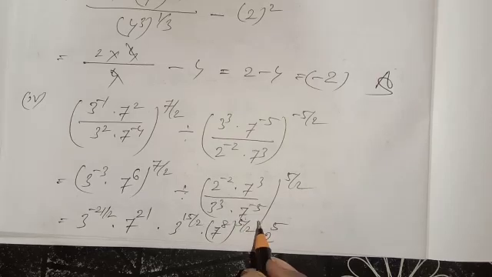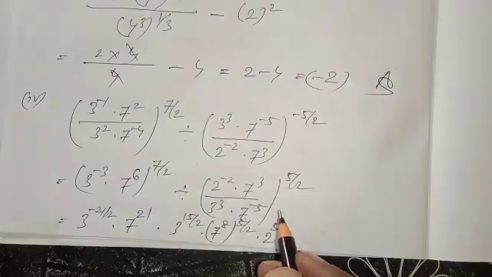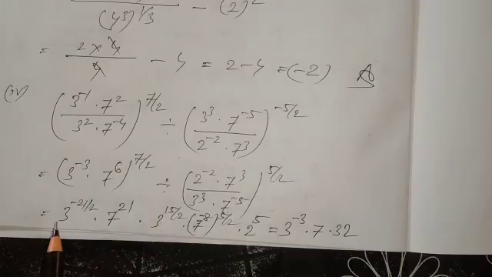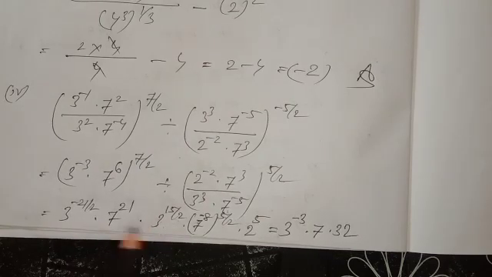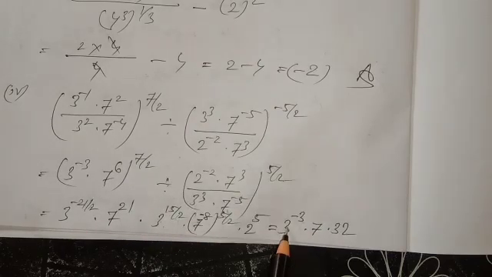First one, the power given is negative. Just see, here 3 to the power minus 21 by 2 and here 3 to the power 15 by 2. The power is added: minus 21 by 2 plus 15 by 2. It will give you minus 6 by 2, which is equal to 3 to the power minus 3.